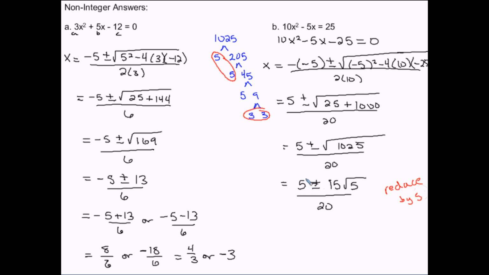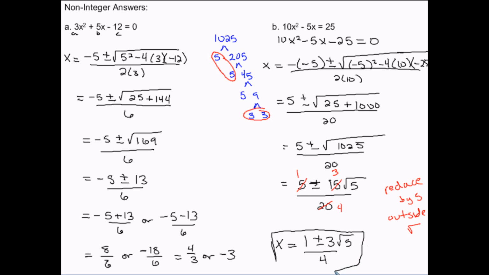So if I reduce and divide them all by 5, 5 divided by 5 is 1, 15 divided by 5 is 3, and 20 divided by 5 is 4. I cannot reduce under the radical. I can only reduce outside the radical. And so my answer is x is 1 plus or minus 3 times the square root of 5 divided by 4. And you can leave it just like this.